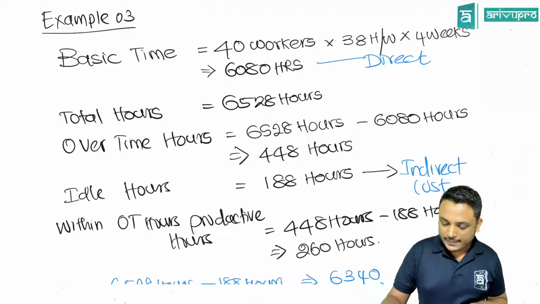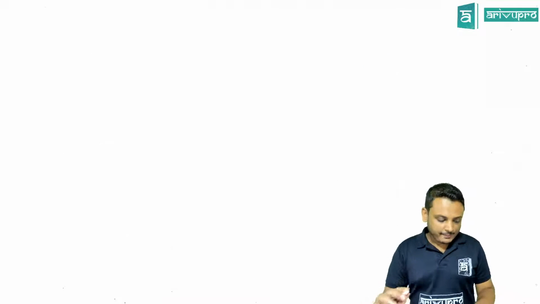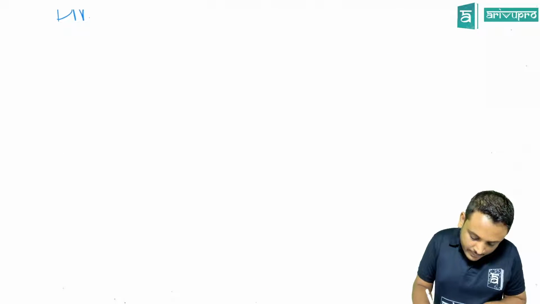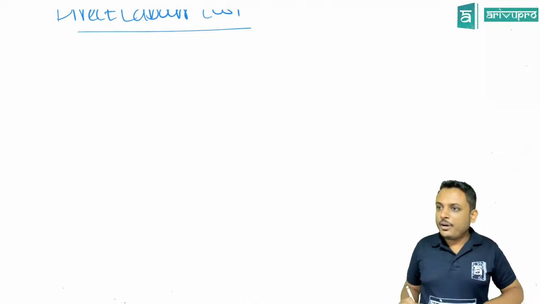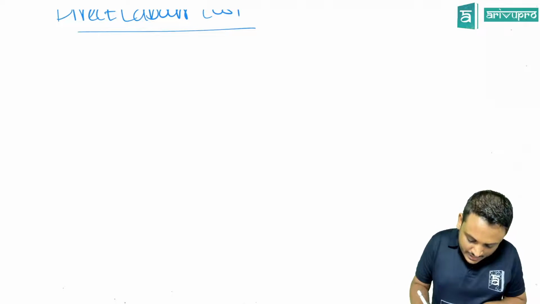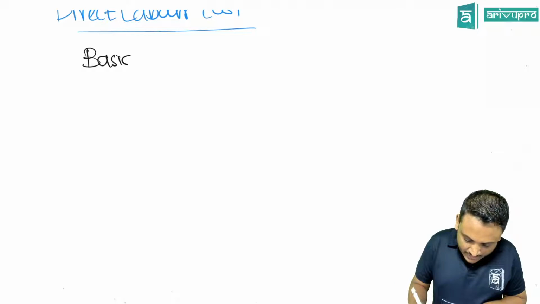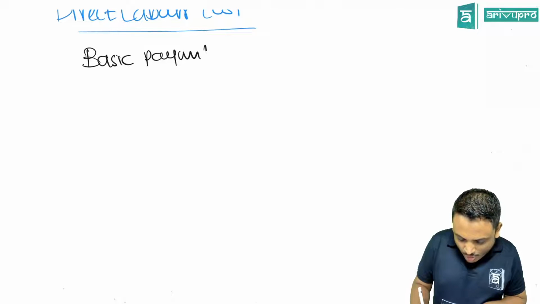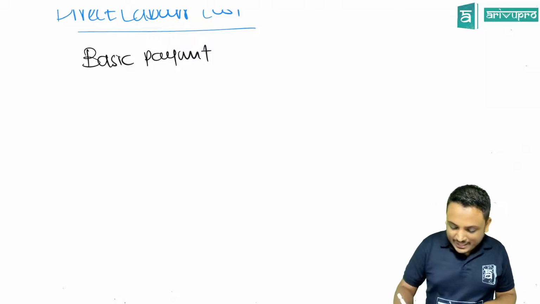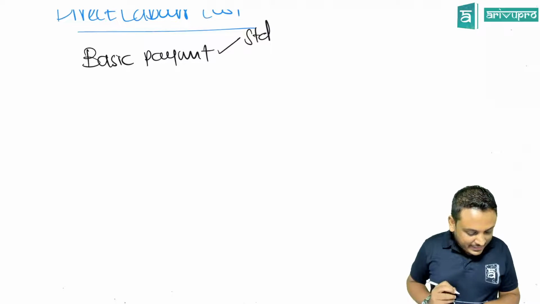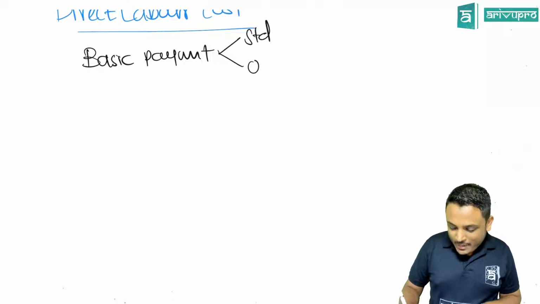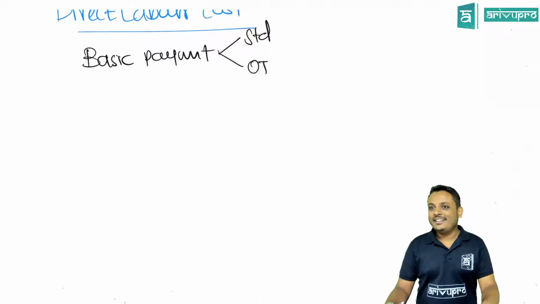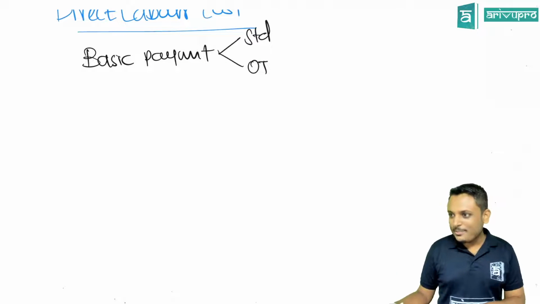Now, concentrate, don't write. They ask direct labor cost. Now I'll start with the direct labor cost. What is direct labor cost? First one is basic, the standard rate basic, and overtime basic. Both are direct.